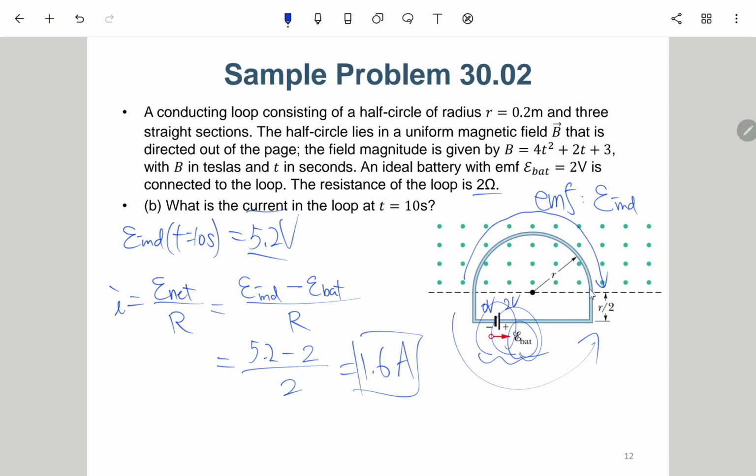So it is like we have 2 volt all the way at this point, and then there is 2 volt plus 5.2 volt here.